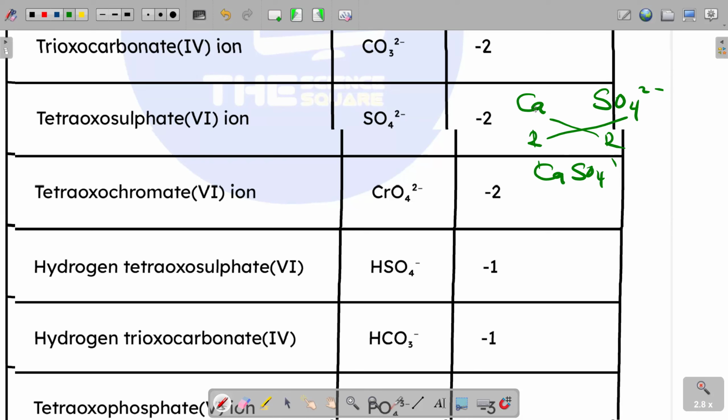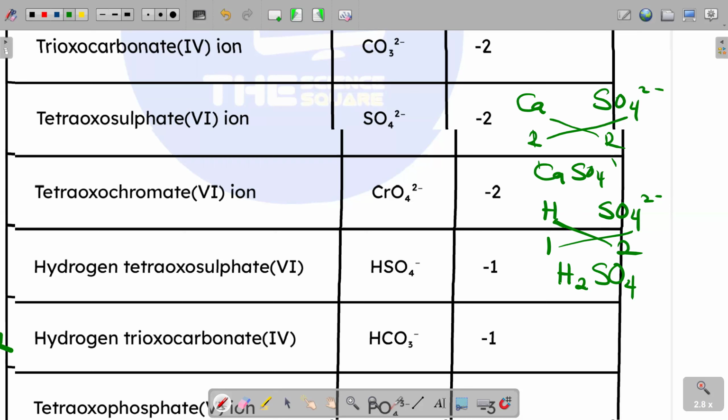But however, in the case where it is hydrogen that wants to combine with SO4 2 minus, the valency of this will be treated as 2, while the valency of hydrogen is 1. Okay, so they are not the same. So we exchange them. If we exchange them, you see that eventually you have H2 with just one of the SO4. So H2SO4 is the chemical formula of that compound.